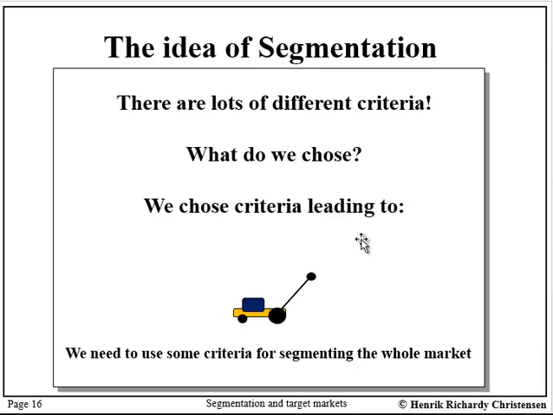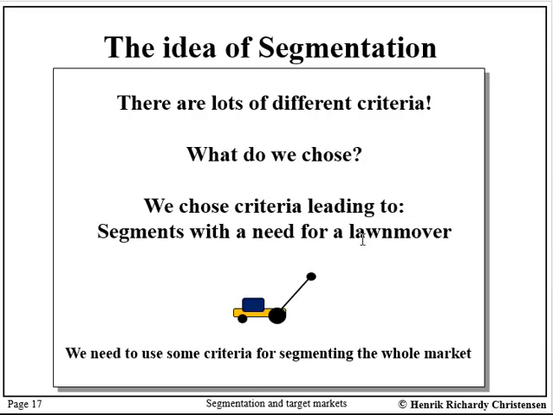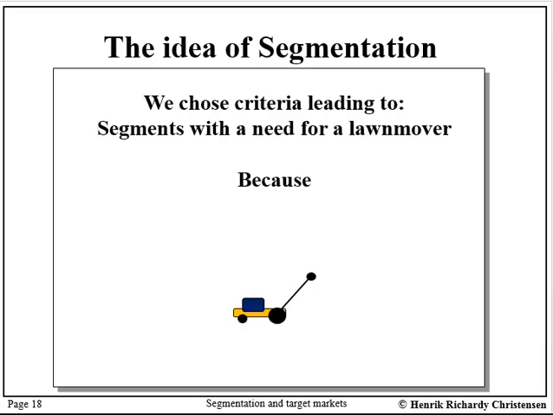Well, we would choose criteria that actually help us and lead us to segments with a need for a lawn mower. That will be one of the basic issues here, that we would like to choose criteria that we can use in dividing the market into segments that actually need the product, in this case the lawn mower.